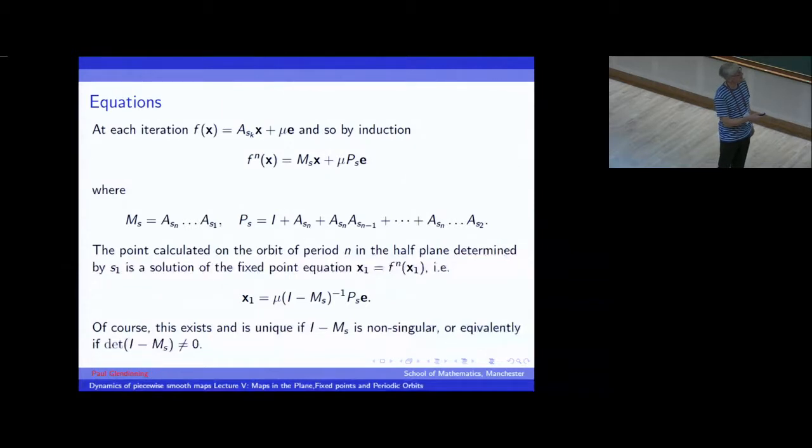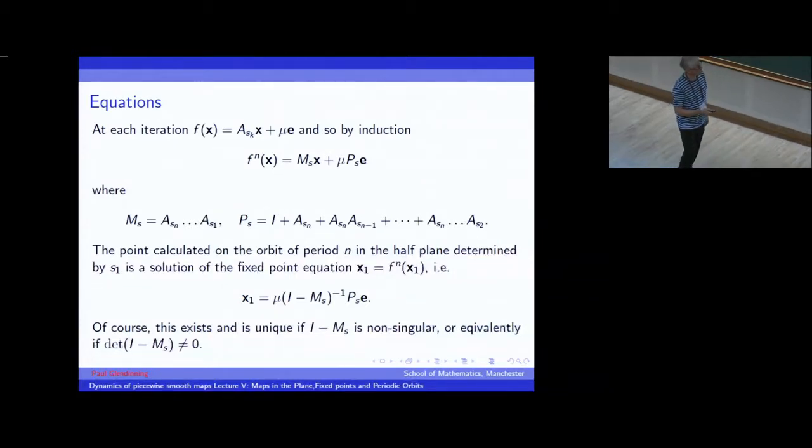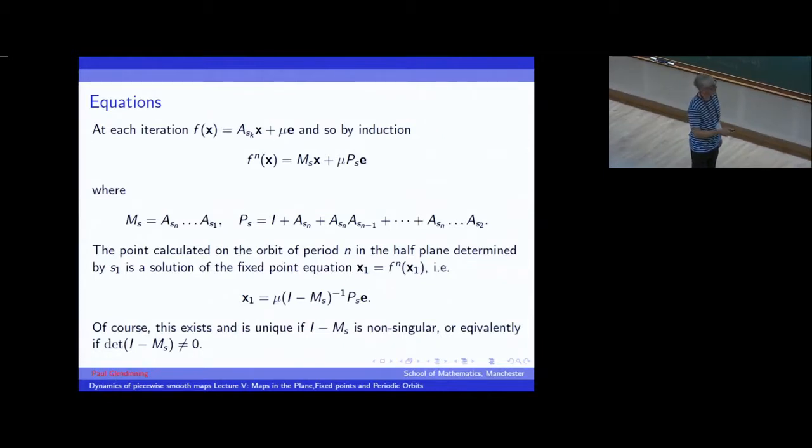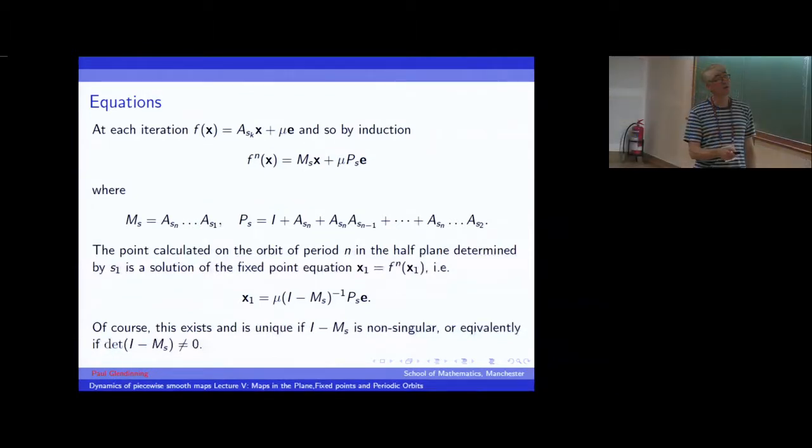The P's come by looking at the constant terms. And you can then, formally at least, write down what a fixed point would look like. This equals x. So here, formally, we've solved this equation, but we don't know yet which possible sequences of s's give me something that means anything.